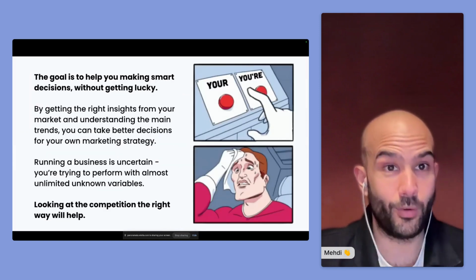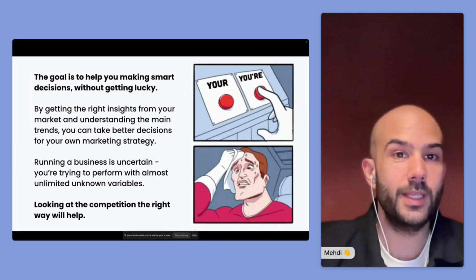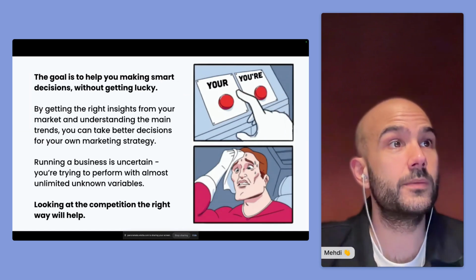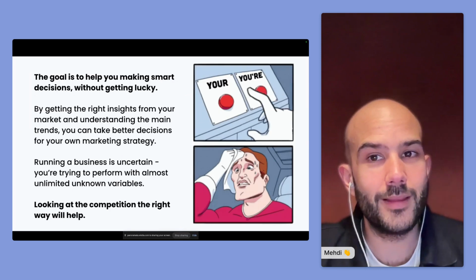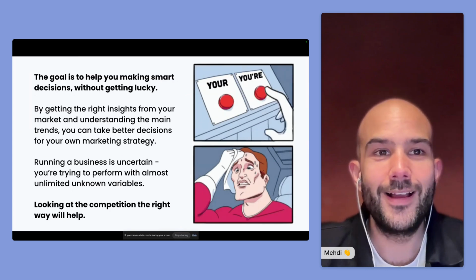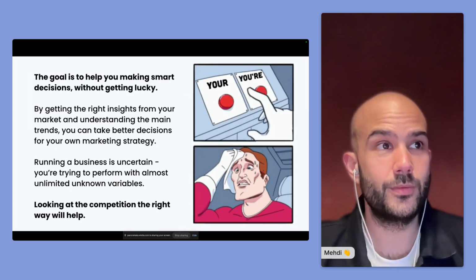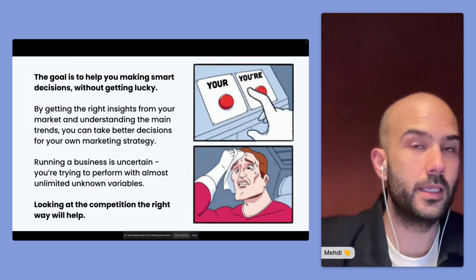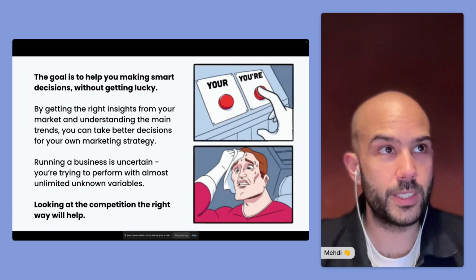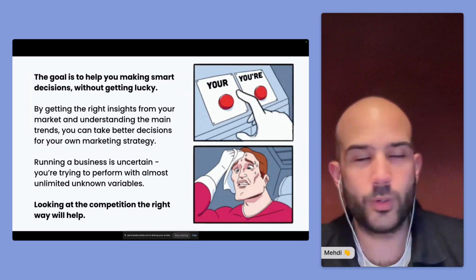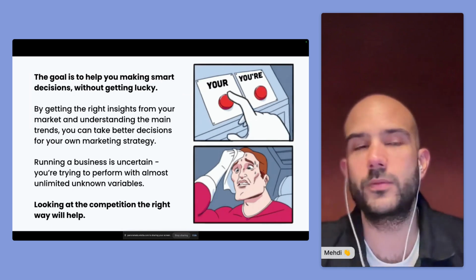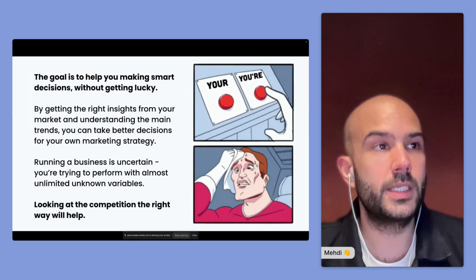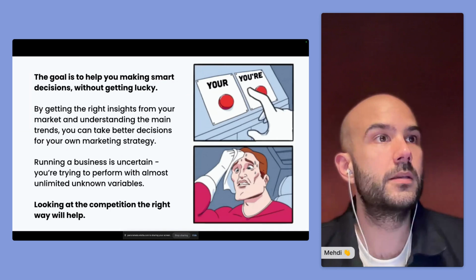Let's go, because the goal, as I was saying, is to make sure that when it comes to marketing overall, and to advertising in particular, because it involves budget and a lot of time and resources, you can make smart decisions without getting lucky. And when I say without getting lucky, I mean that the decisions you're making, the creative briefs you're creating, the advertising decisions you're making, can actually be backed with some data.